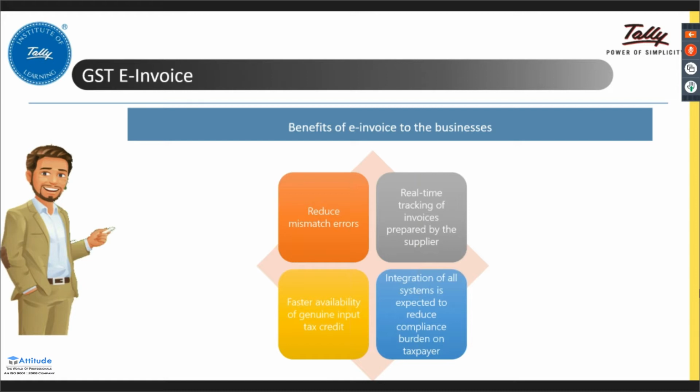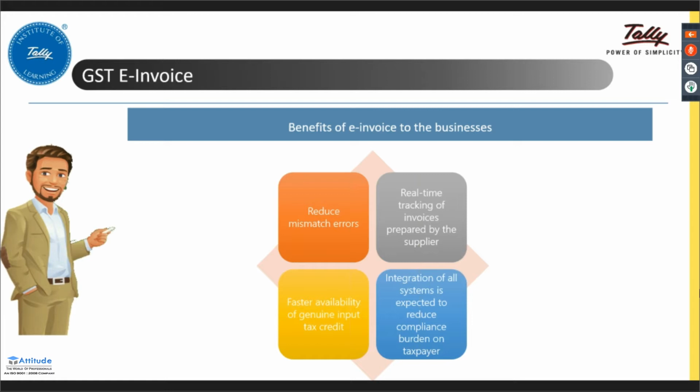And lastly, the integration of all systems is expected to reduce the compliance burden on the taxpayer. In the previous slides we have seen how different the processes and steps are under the current practice and the upcoming practice of e-invoicing.